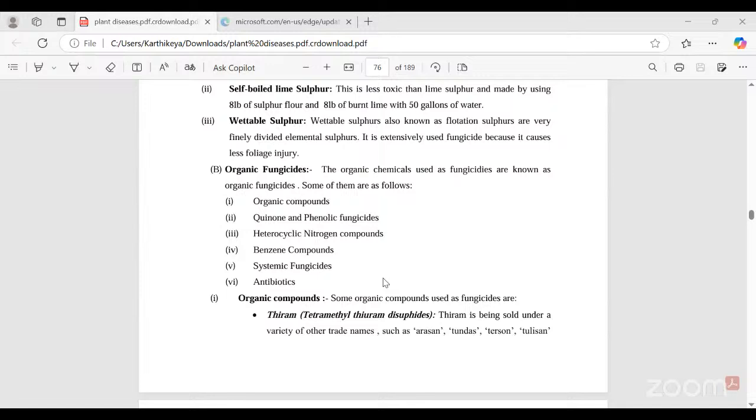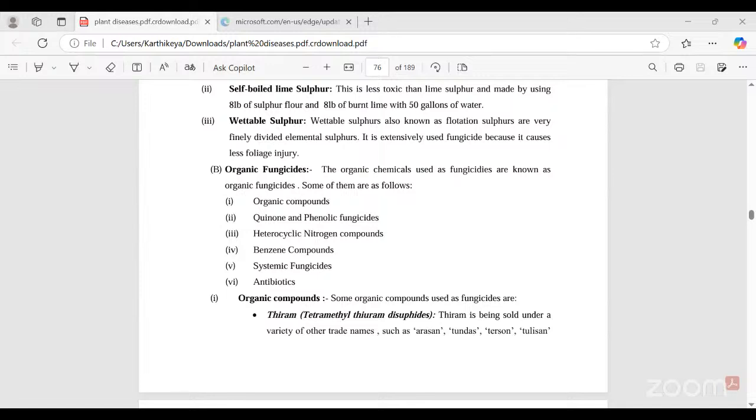Organic fungicides. The organic chemicals used as fungicides are known as organic fungicides. These include quinone, phenolic fungicides, heterocyclic nitrogen compounds, benzene compounds, systemic fungicides, and antibiotics.